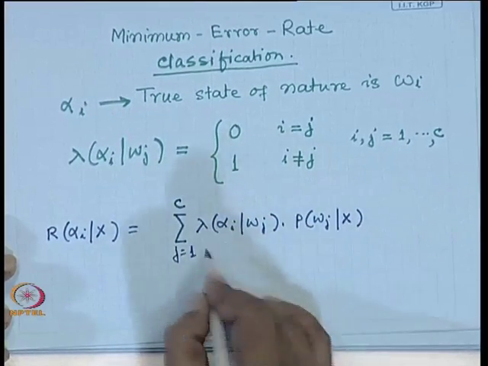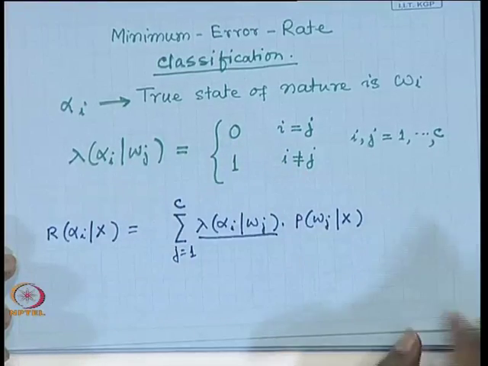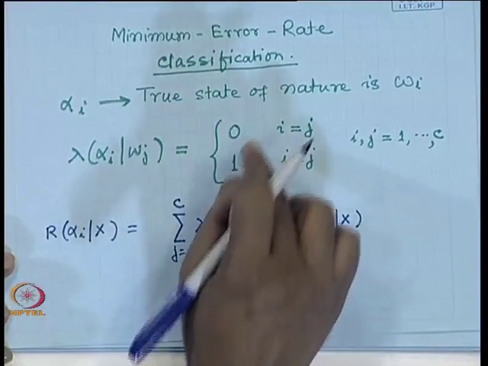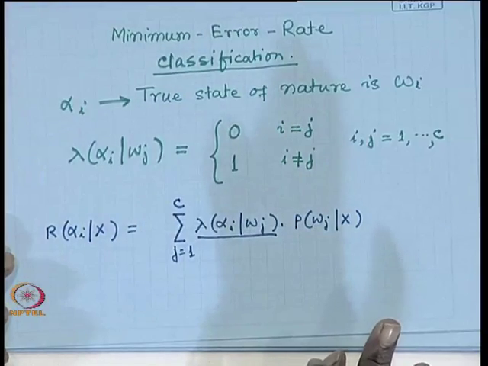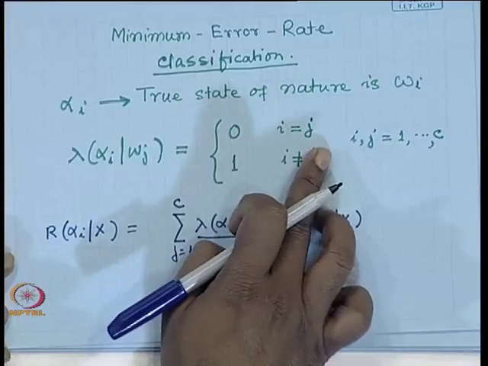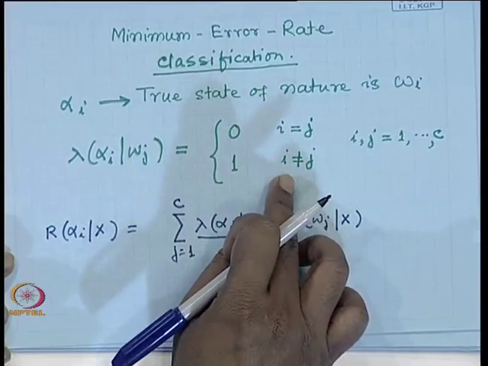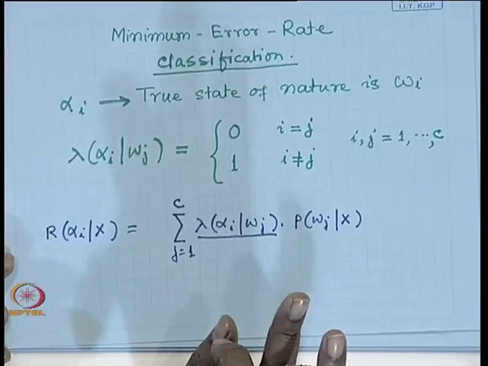So, over here you find that what is the nature of this lambda alpha I given omega j. This is either equal to 0 or equal to 1, right. So, it is equal to 0 whenever I is equal to j, and it is equal to 1 whenever I is not equal to j.